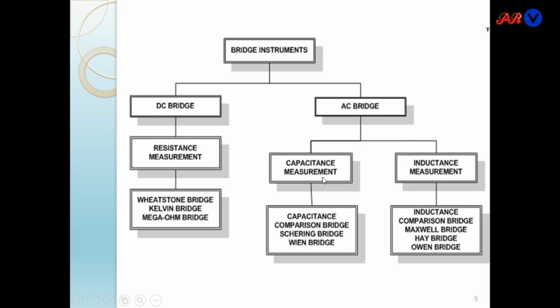For capacitance measurement we will use the capacitance comparison bridge, Schering bridge and Wien bridge, while for measurement of inductance we can use the inductance comparison bridge, Maxwell bridge, Hay bridge and Owen bridge.